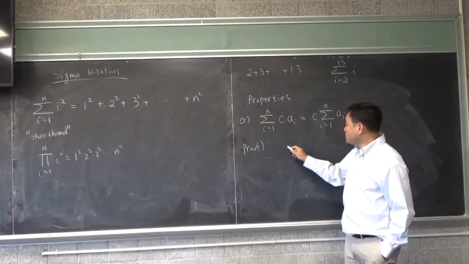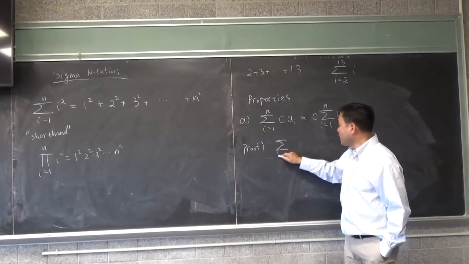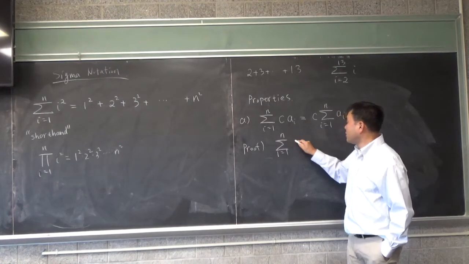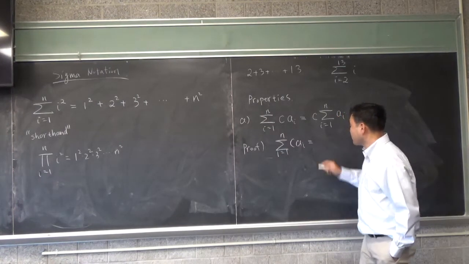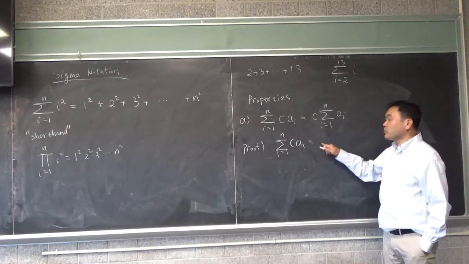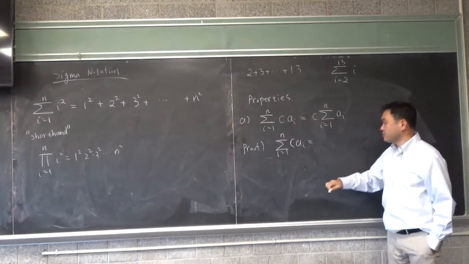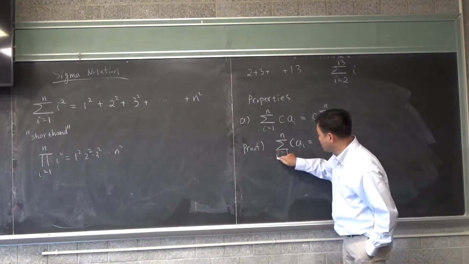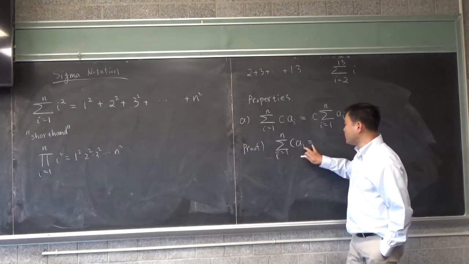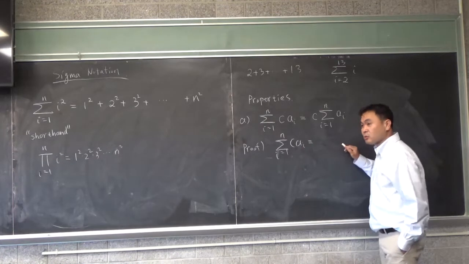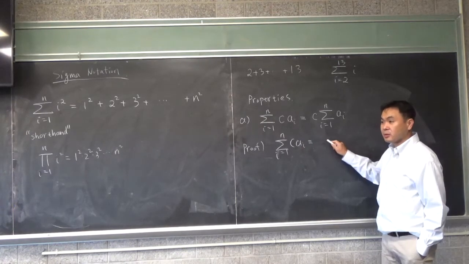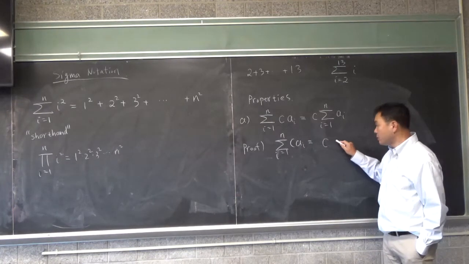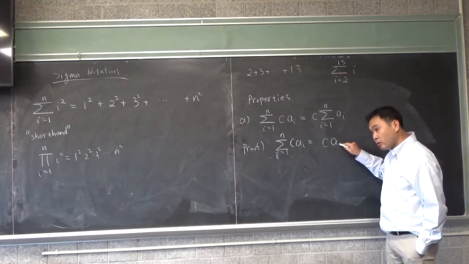All right, so what is the sum over I from 1 through n of C A_I? Okay, what's the first term this produces? I equals 1. I equals 1 goes into I. So what do you read? C, A_1.